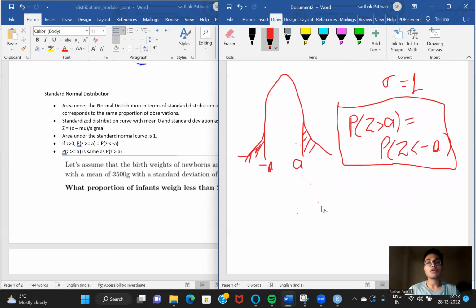Also, a small nuance point here is that there is no such thing as an area on the point. So writing this is the same as writing this.